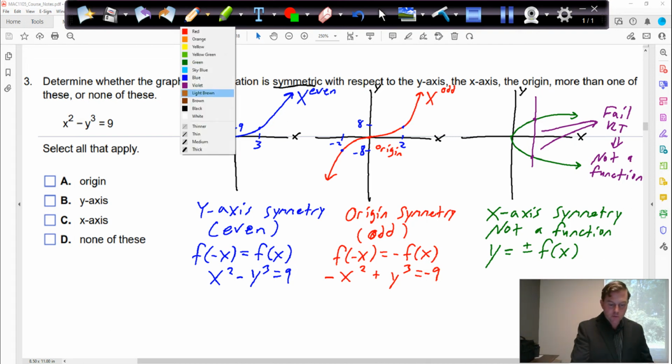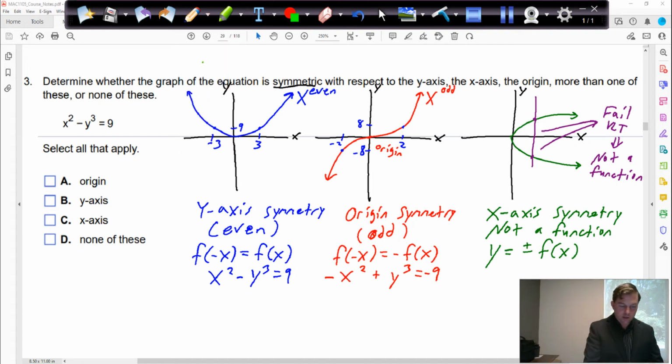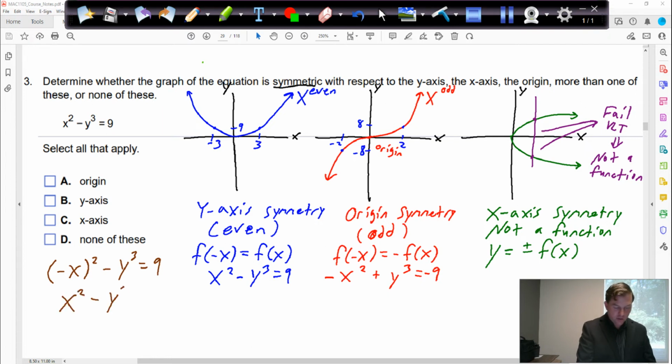So in all these problems, what you have to do is plug in negative x. So instead of x squared, we're going to plug in negative x. And we're going to see that when I square this, the minus is going to go away. So I have a negative number raised to an even power. The minus will drop, and you have x squared minus y cubed equals 9. And now I just compare this to these two.